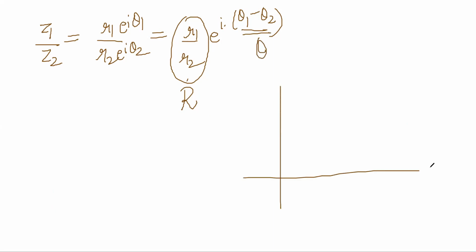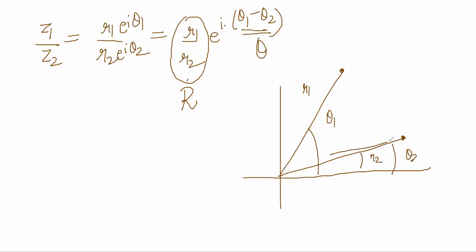So basically what is happening? It is turning it in the opposite direction. If you have some complex number, this is R1 theta 1, and this is R2 theta 2, so this is theta 2 and this distance is R2.